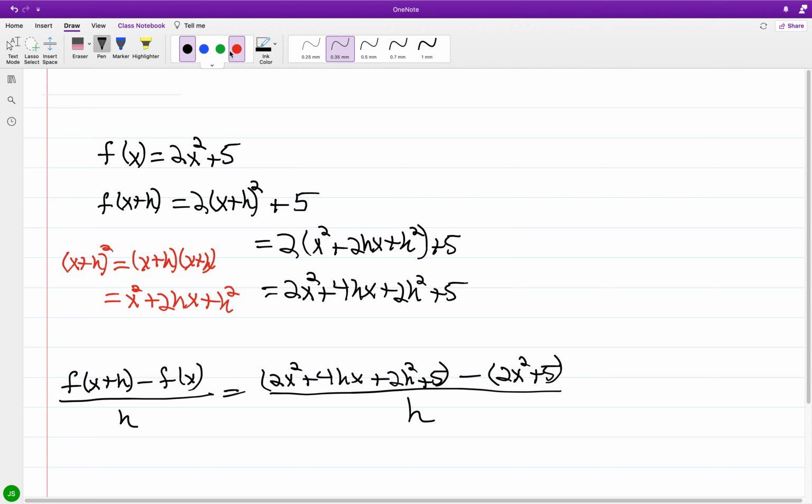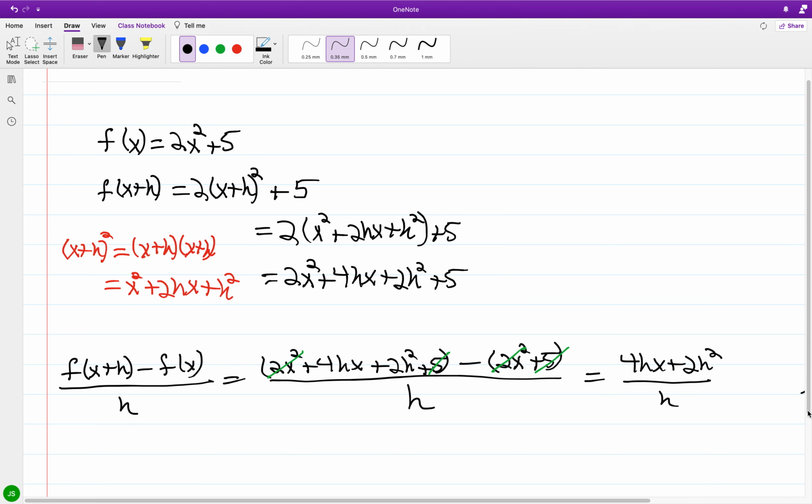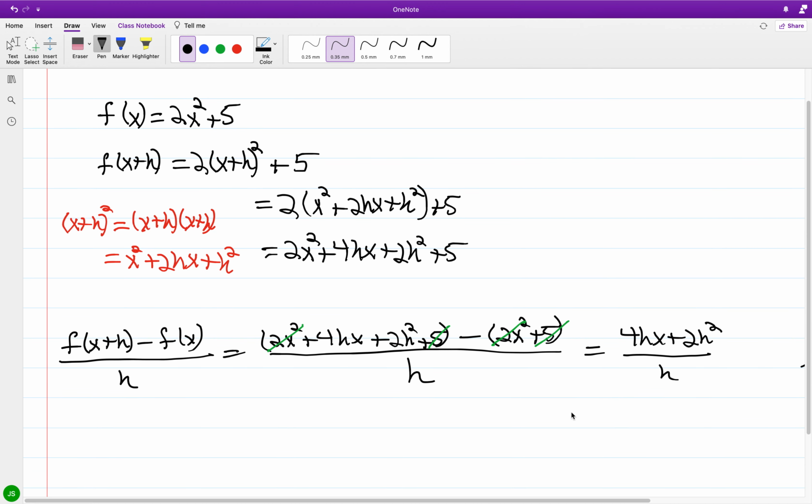And if you were to combine like terms, now what would happen here is that 2x squared would go out, since we would have 2x squared minus 2x squared. And you have 5 to go out, so you have a 5 minus 5. So this is going to come down to 4hx plus 2h squared over h. And we have, upon simplifying, okay, notice we have a common factor with h.